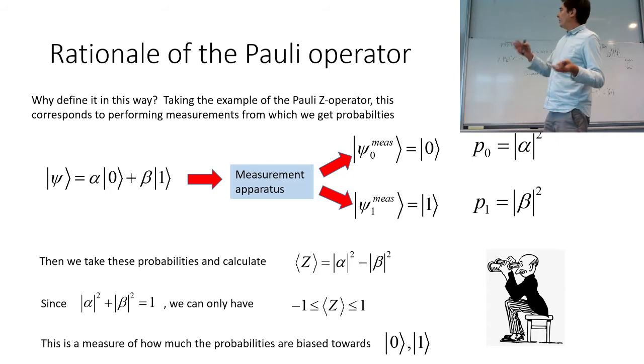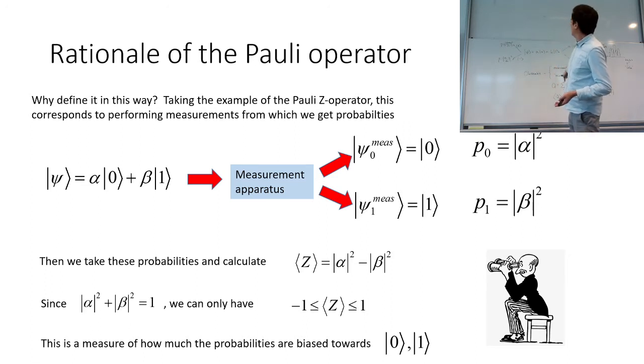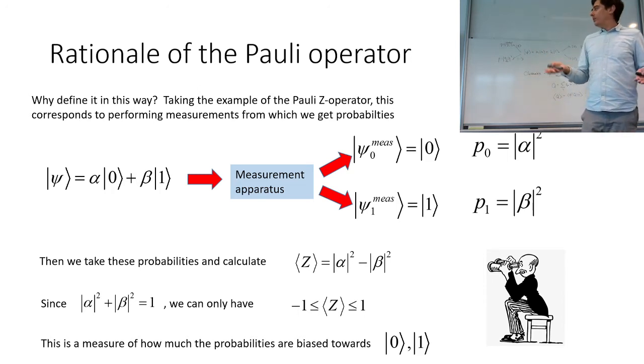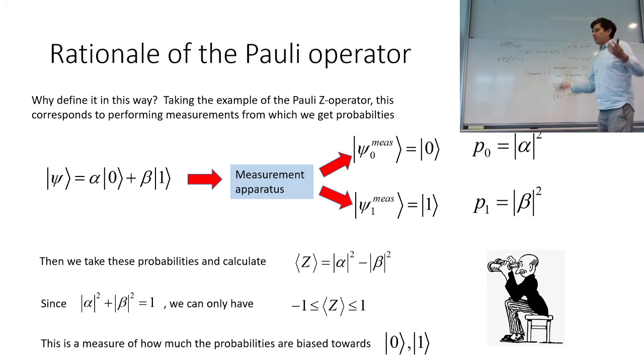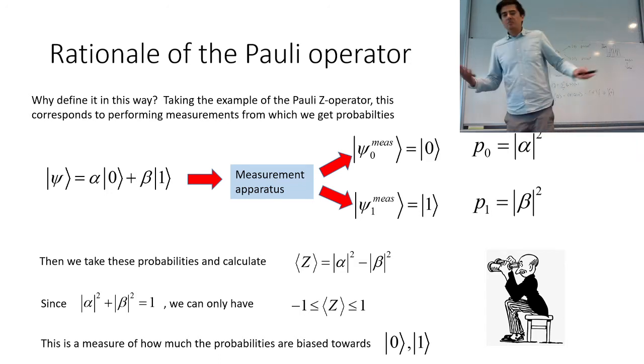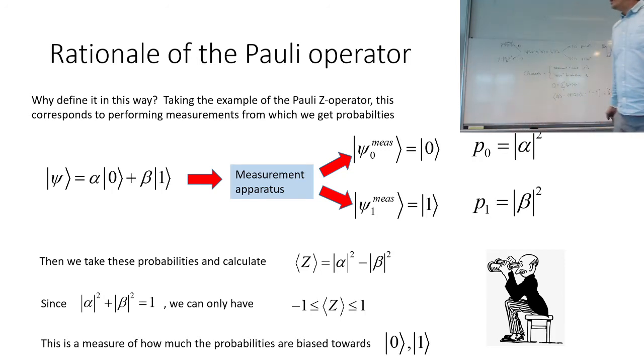If you've got more of the alpha here, then it's positive, and if it's more beta, then it's negative, and if they're equal, then it's 0. It's like a balance, right? It's positive or negative depending on which one is bigger. So it's a reasonable thing to do, but you don't have to. You could define your Pauli operator in any other way.